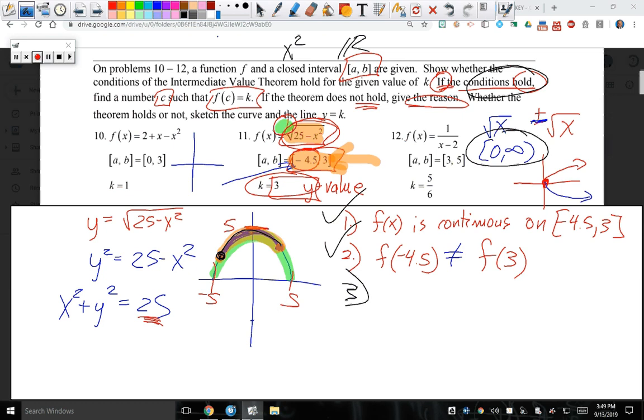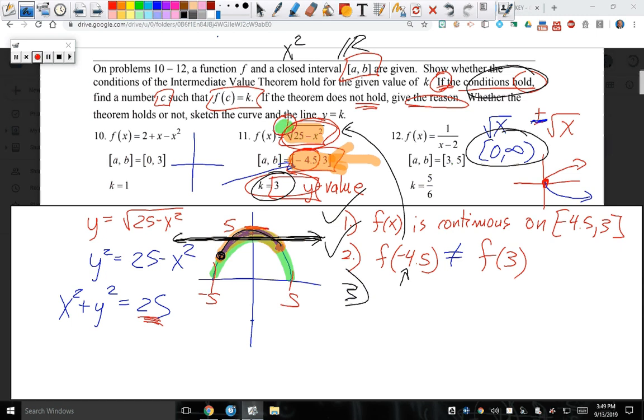What is rule 3? That k is between what? f of negative 4.5, yep, and f of 3. So we just have to verify: is y equals 3? And again, for the sake of time, I'm not finding what these are. You can plug them in and see what the square root of that answer would be, and you could use the calculator on that for sure.